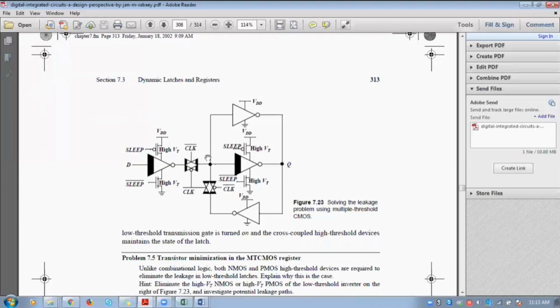Okay, and the hold mode can be enabled using this feedback transmission gate, and clock equal to 1. This clock is connected to this NMOS, and this clock is connected to this PMOS. So when clock equal to 1, this transmission gate will get activated, and so it will give the sufficient feedback path in the hold mode.